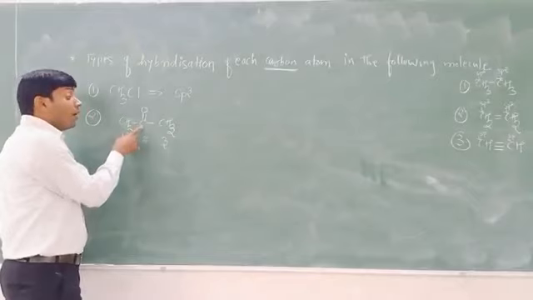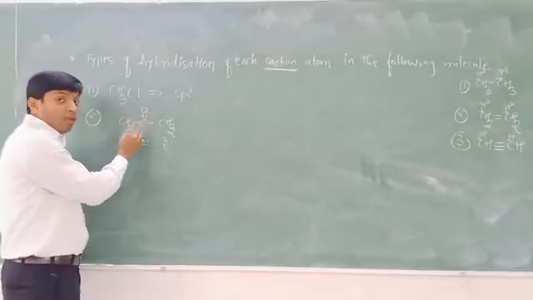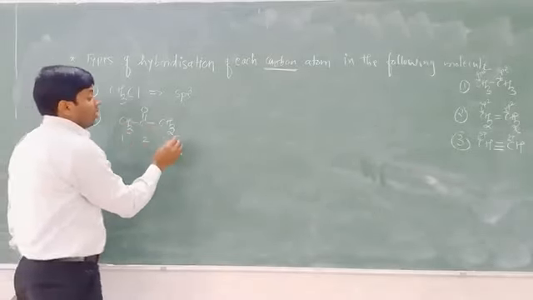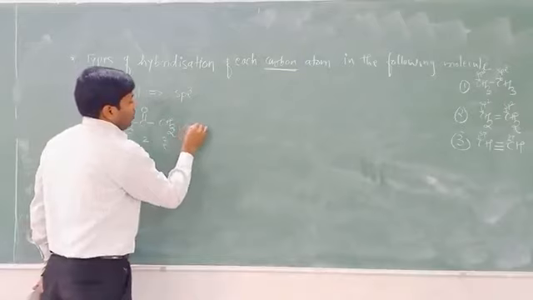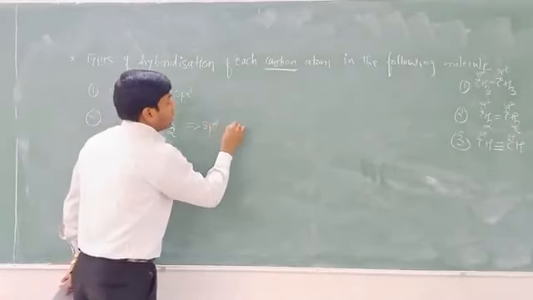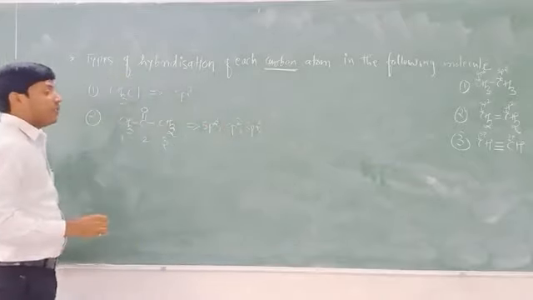What about the second carbon atom having a double bond? The second carbon atom falls under sp2 hybridization, and the third one sp3. So I write here sp3 for the first carbon atom, second one sp2, and third one once again sp3 hybridization.